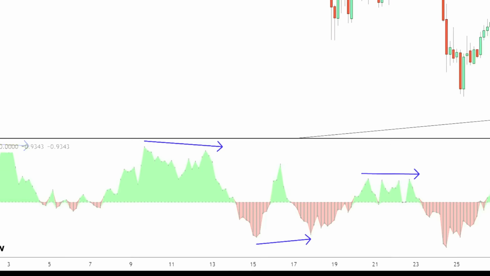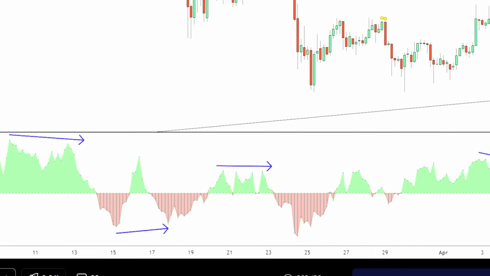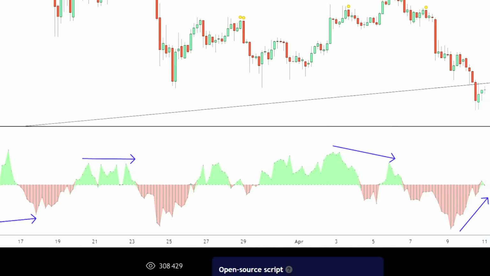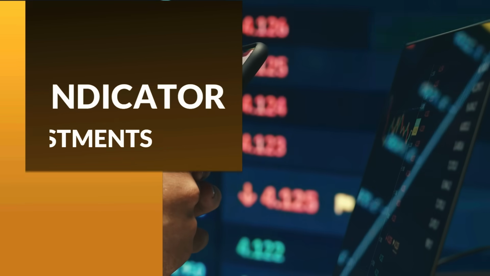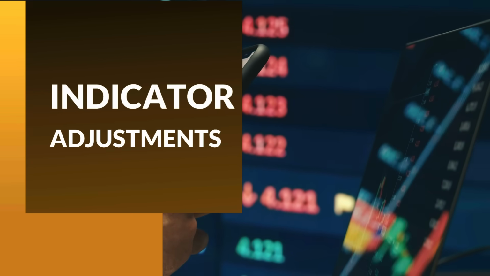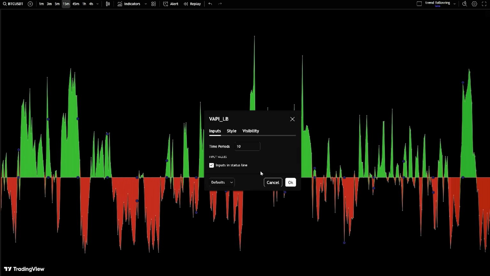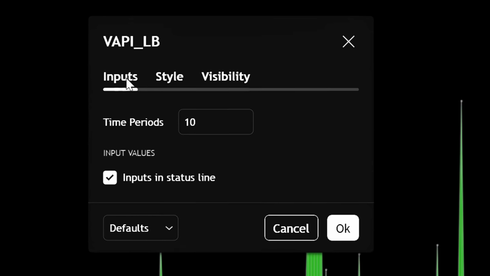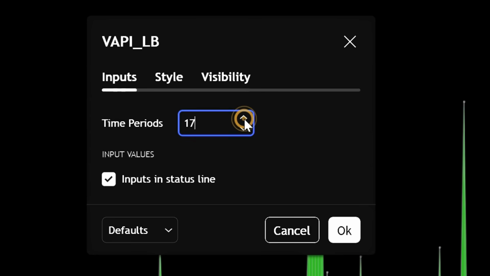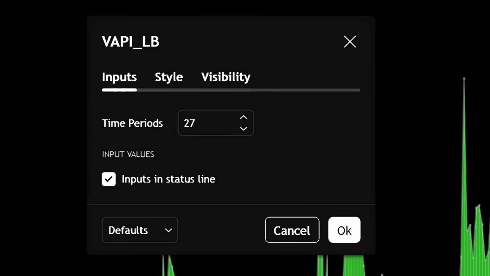This is an oscillator, which just means it moves up and down and gives us clues about momentum. For this one, just open its settings and change the time period to 27. That's it for the setup.